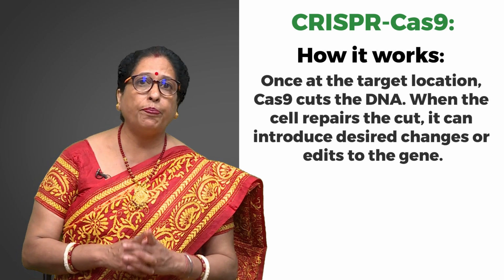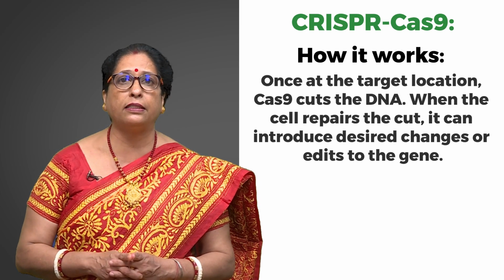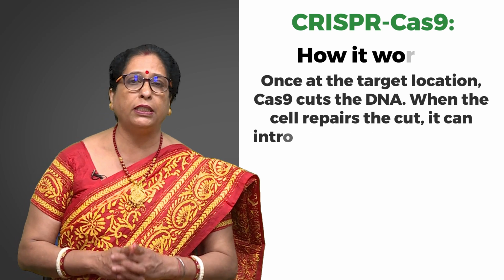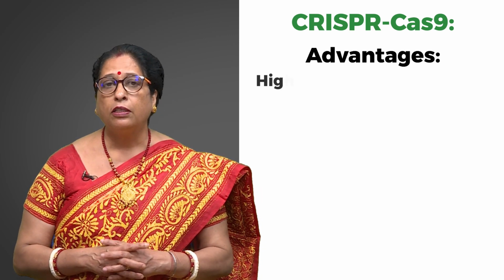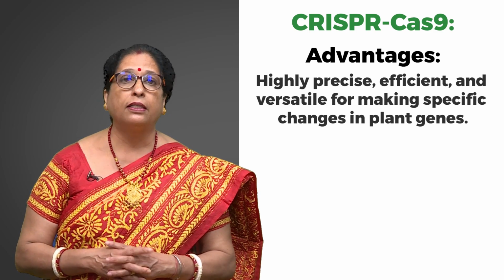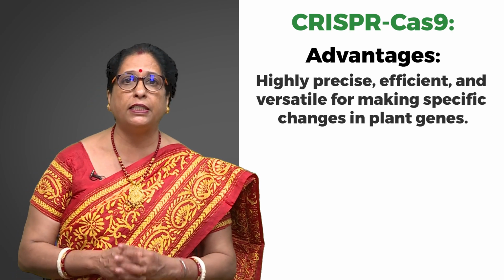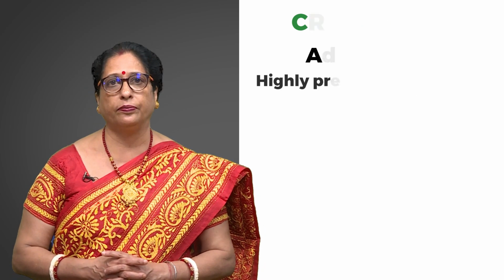When the cells repair the cut, it can introduce desired changes or edits to the gene. So, what are the advantages of this technology? The advantage of this technology is that it is highly precise, efficient and versatile for making specific changes in the plant gene.